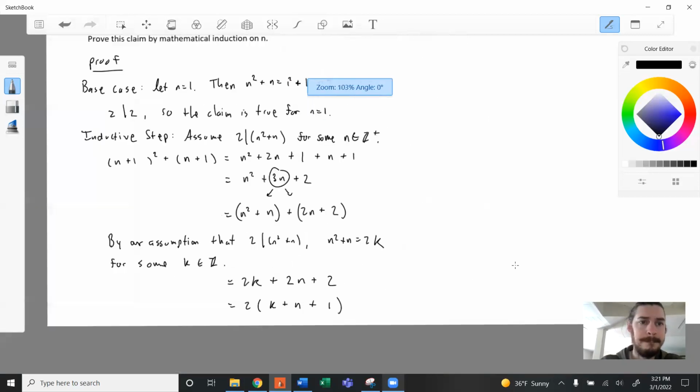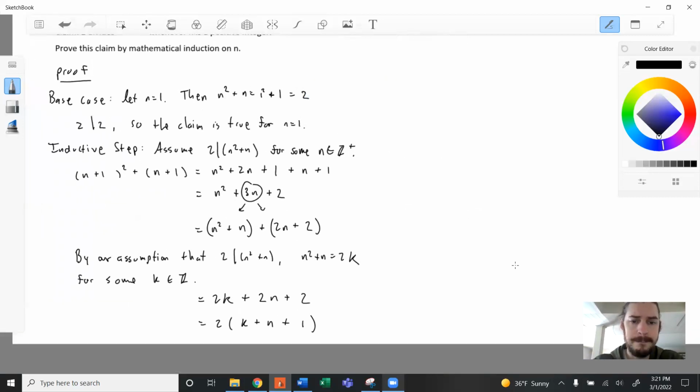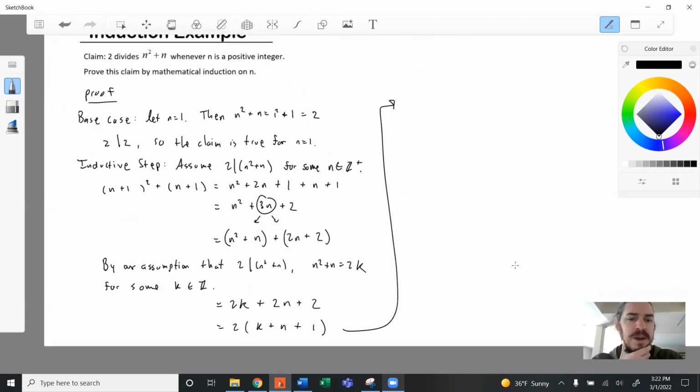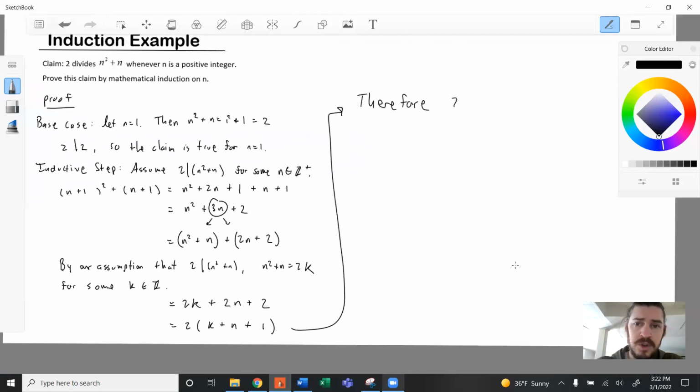Now I'm almost there. I've run out of space, so I'll move over to this side. What was I trying to prove? That 2 divides n squared plus n? Well, I just showed that when you do it for n plus 1 squared plus n plus 1, that is a multiple of 2. So I've just shown, therefore, 2 divides n plus 1 squared plus n plus 1, all in parentheses there.